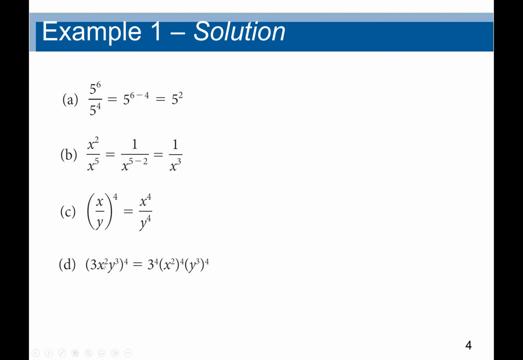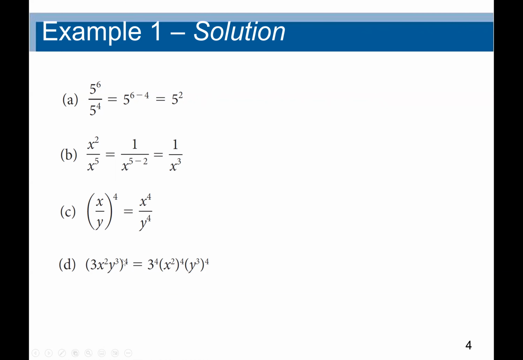Now here we have 3x squared y cubed, everything in parentheses to the power 4. The only thing we should know here is that the 4 affects all the values in the parentheses. So we get 3 to the power 4, x squared times 4.